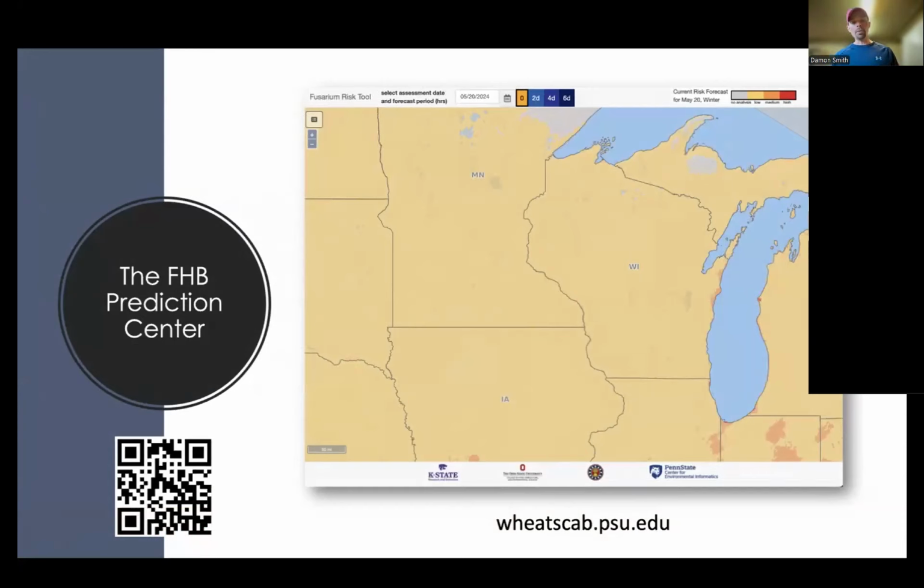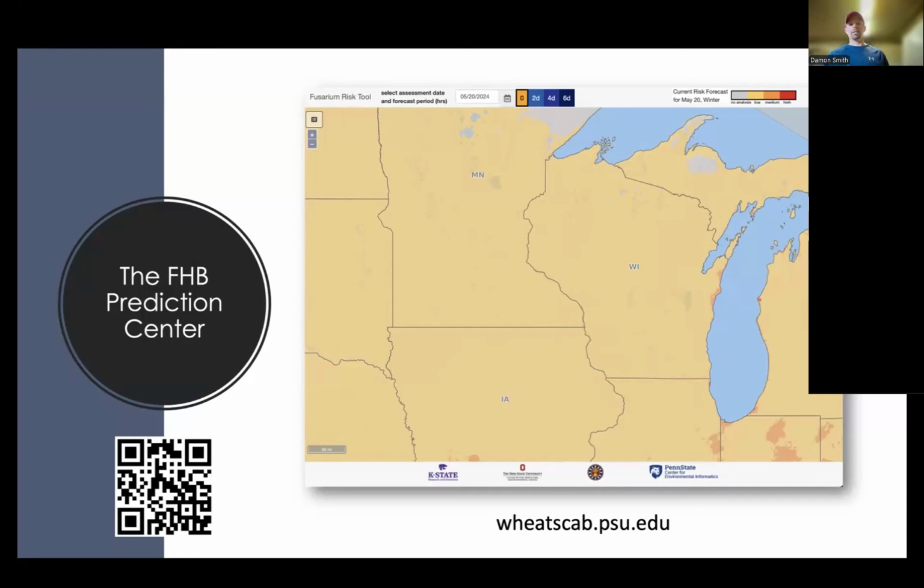When it comes to head blight, we have another system that we use, wheatscab.psu.edu. If you scan that QR code, it'll take you to the site. This is a screen capture from a couple of days ago, looking at the head scab risk. Right now on a susceptible variety it is showing low risk. This is a little suspect for me. We've got enough rain here.